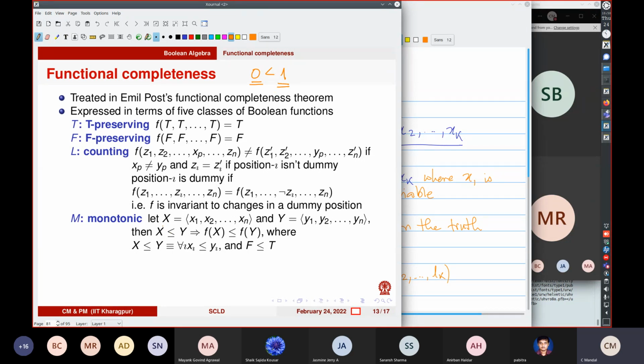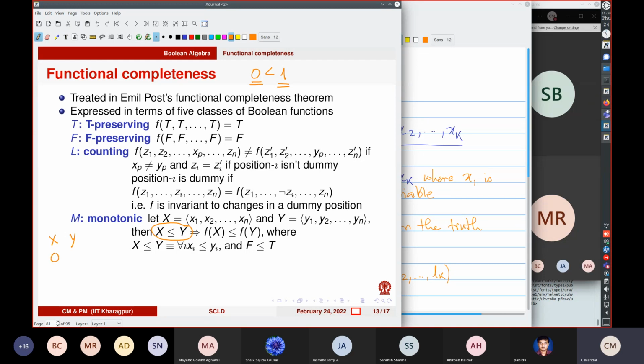But if we consider two variables x and y satisfying x less than or equal to y, what are the combinations which satisfy this?